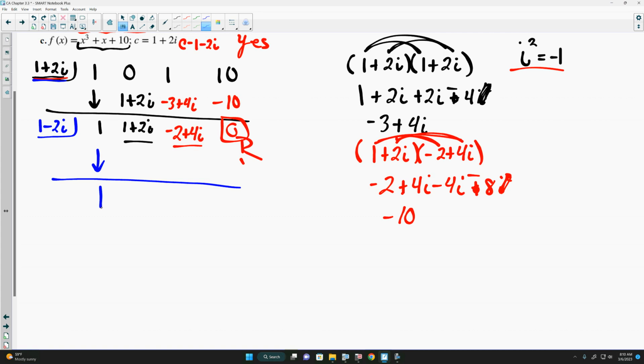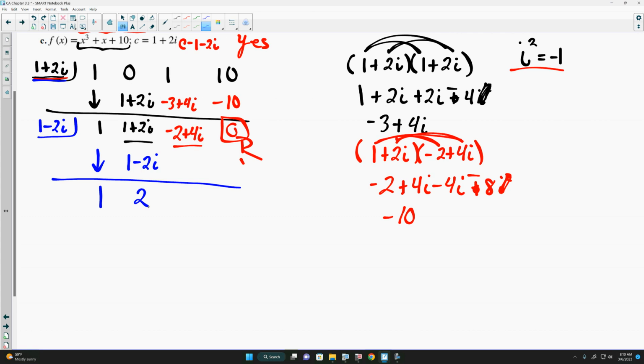Because if we did it with 1 minus 2i, 1 minus 2i times 1 would be 1 minus 2i. And this here, if we add these together, well, 1 plus 1 would give us 2. 2i minus 2i is 0.